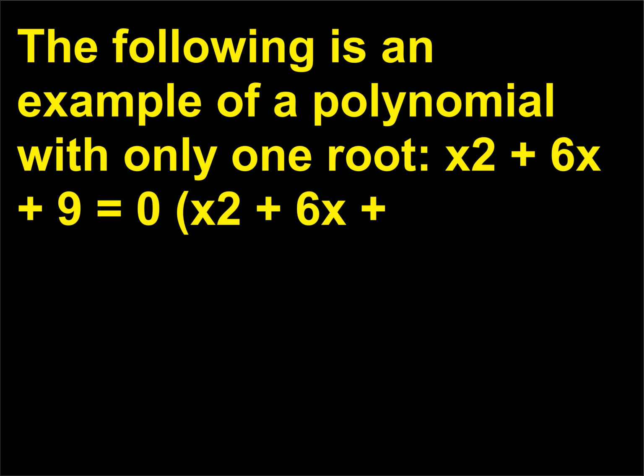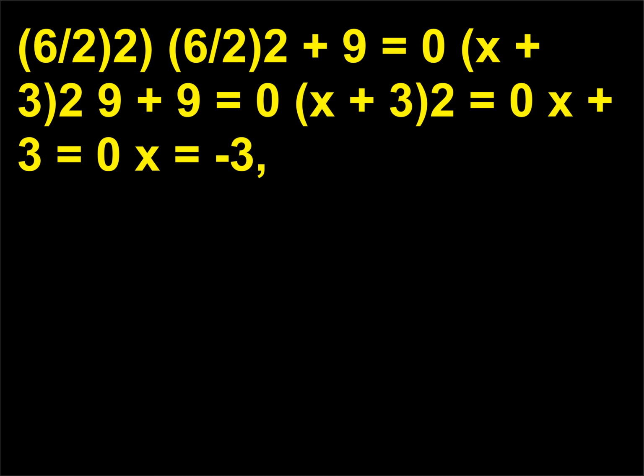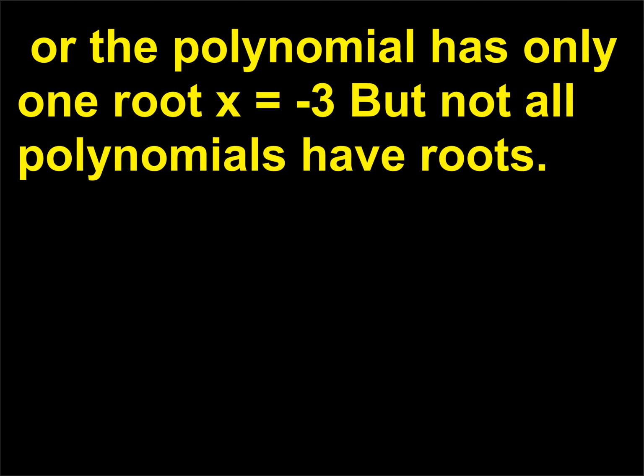The following is an example of a polynomial with only one root, x² plus 6x plus 9 equals 0. x² plus 6x plus (6/2)² minus (6/2)² plus 9 equals 0, (x plus 3)² minus 9 plus 9 equals 0, (x plus 3)² equals 0, x plus 3 equals 0, x equals minus 3. So the polynomial has only one root, x equals minus 3, but not all polynomials have roots.